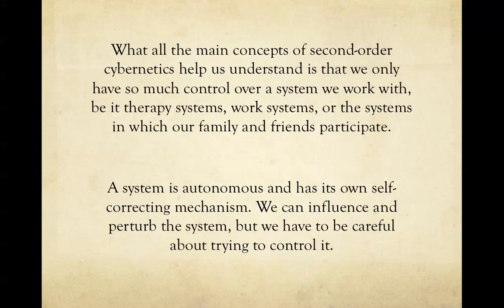And we have to recognize that because in even observing systems, let alone interacting with them, we are part of the system and not some outside objective observer, it's impossible to unilaterally control a system. The best we can do is play a role within the system to perturb and influence it.